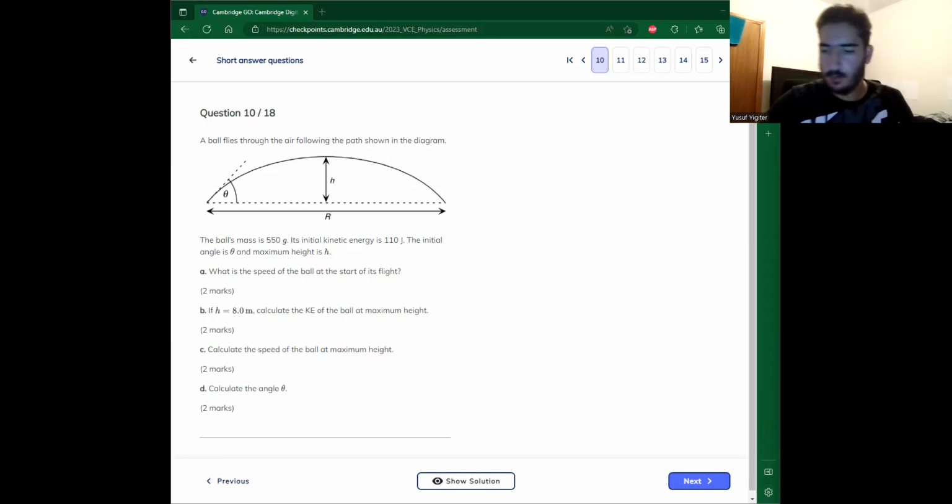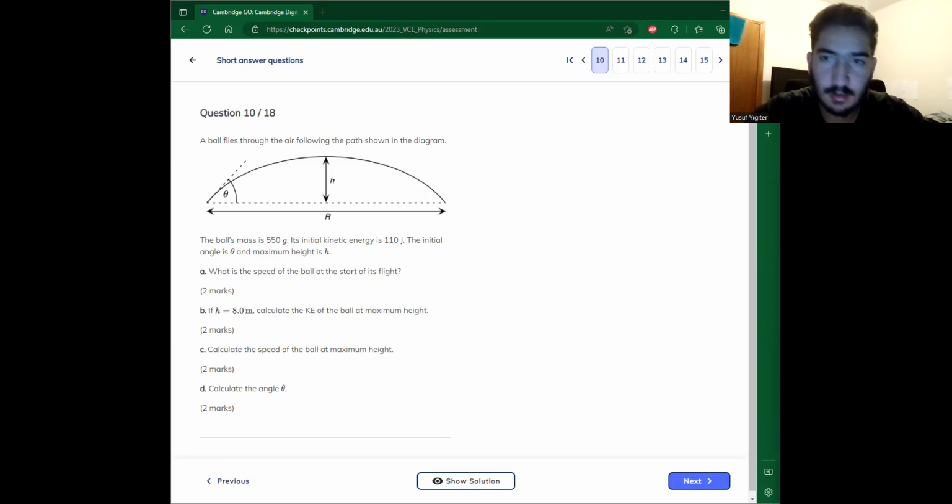Okay, now we just substitute the values into the corresponding equation. Okay, I did it right. All right, so 110 times 2, now we divide it by 0.55 kilograms.